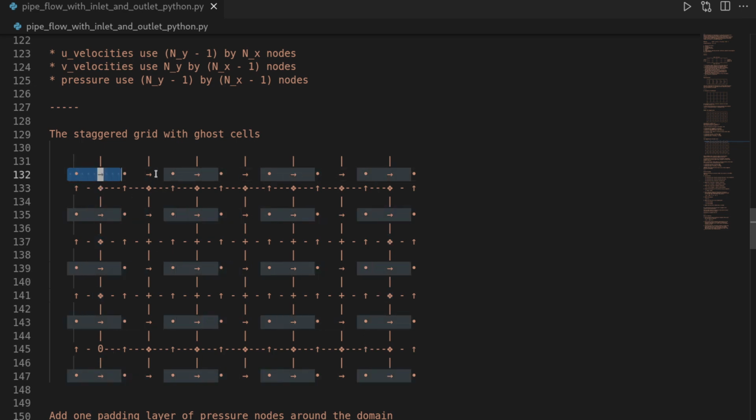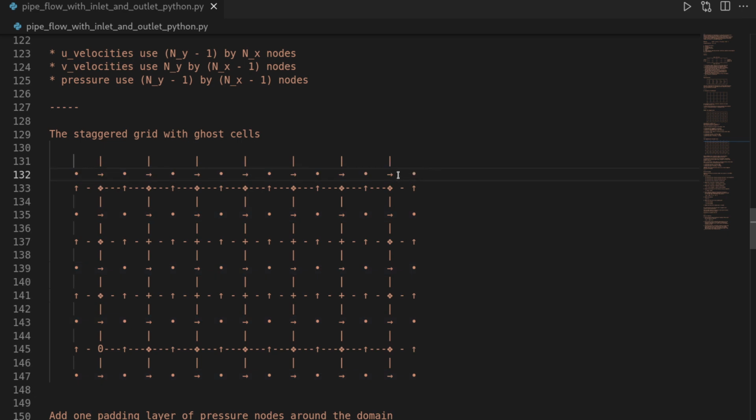And we now added another line, or a padding, of pressure nodes just outside of the actual domain, as well as the corresponding staggered values. So at the top here we have the staggered values in x, and there we have the staggered values in y on this right end here. And we call them ghost cells because they are outside of the domain, but you can also consider them some sort of a finite volume cell.